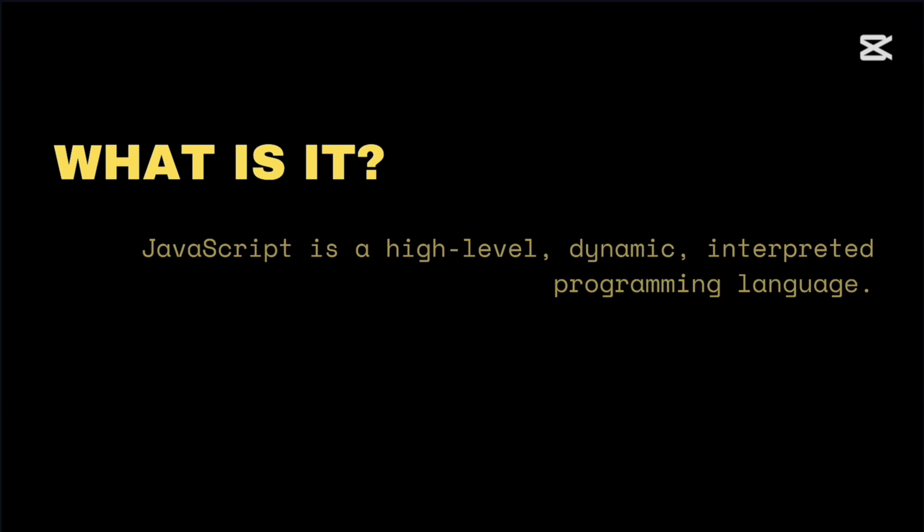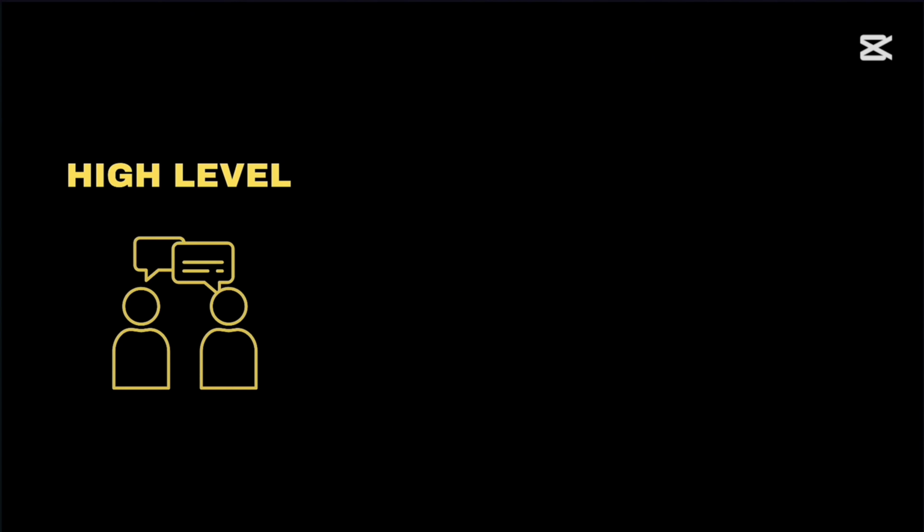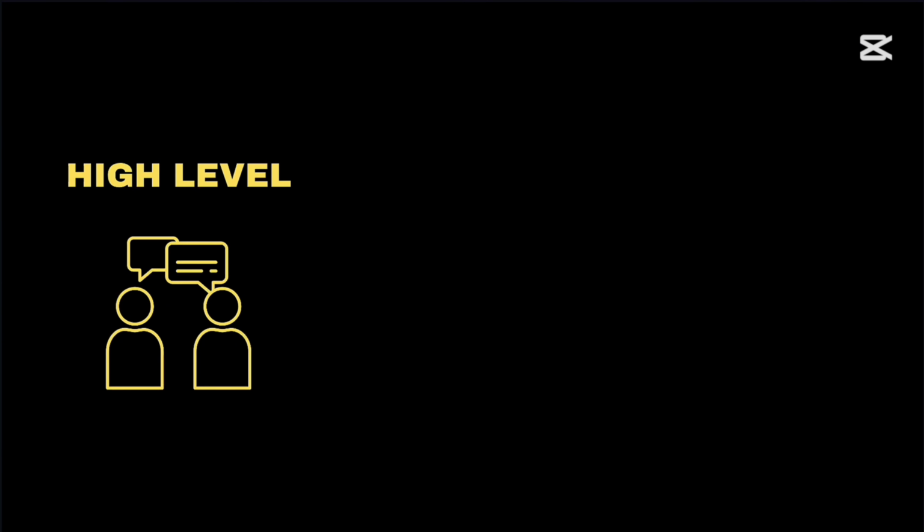So, what is JavaScript? JavaScript is a high-level, dynamic, and interpreted programming language. When we say high-level, it means that the language is quite similar to human language, making its syntax easier to understand.